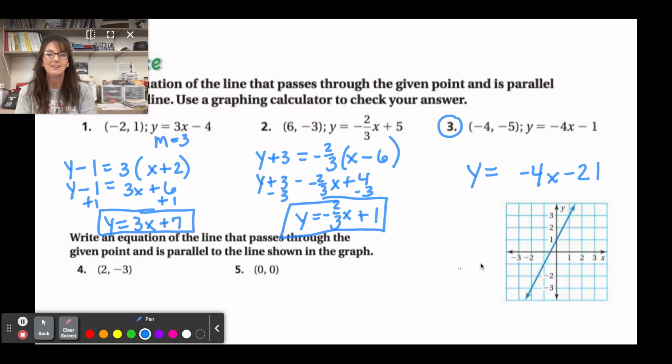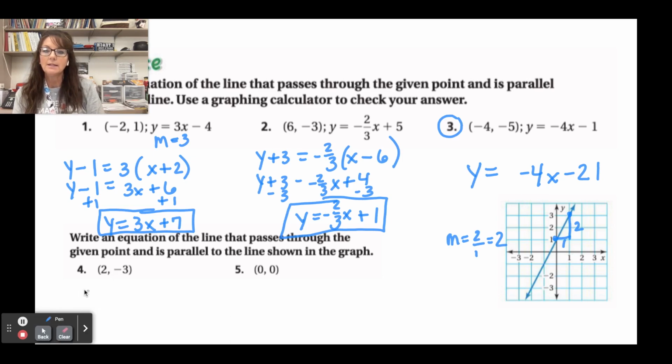Okay, looking at this next part. We're looking at the slope of this line. So I'll just use 2 points to quickly use the rise over the run, right? We know it's a positive slope, 2 over 1. And then we have our point.